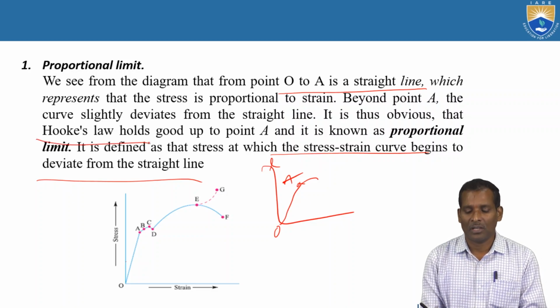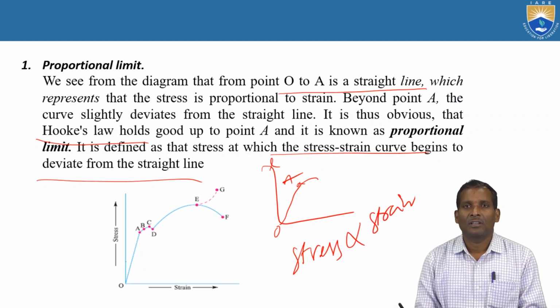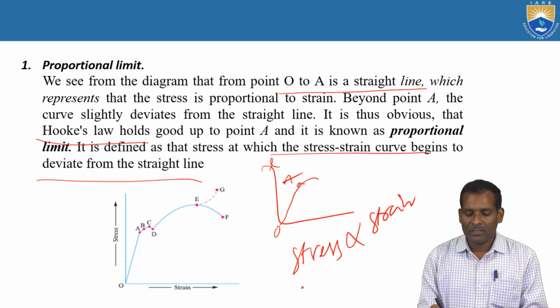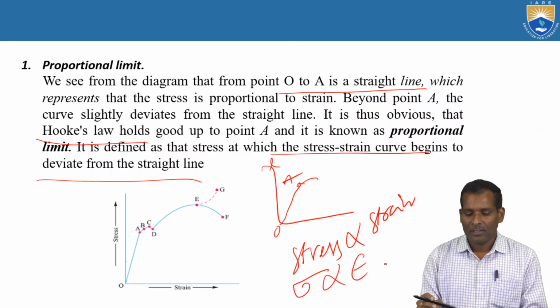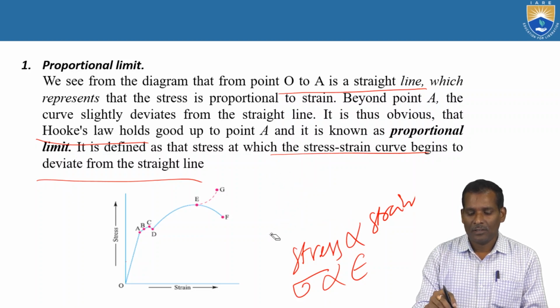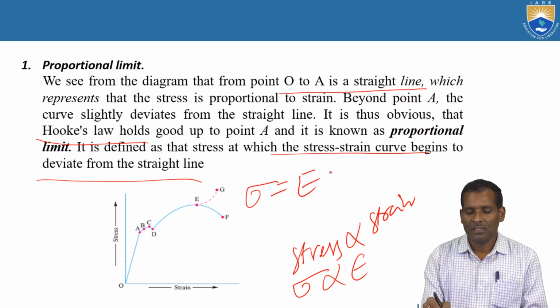What do you mean by Hooke's law? Hooke's law means stress is directly proportional to strain. Stress, represented by sigma, is proportional to strain, epsilon. So you can write sigma equals E multiplied by strain.